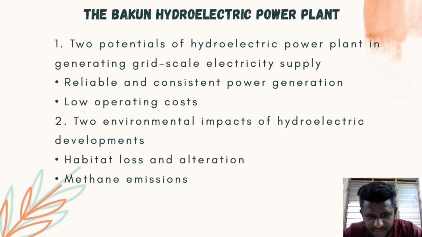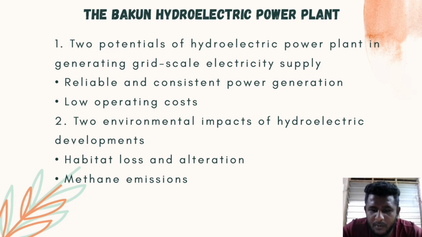Okay, coming to my next question, I'm going to discuss the two potentials of hydroelectric power plants in generating grid scale electricity supply and two environmental impacts of hydroelectric development, by referring to a real power plant example that has been previously reported in Malaysia. Hydroelectric power plants are a reliable and renewable source of energy that can provide a significant portion of the electricity supply of a region.